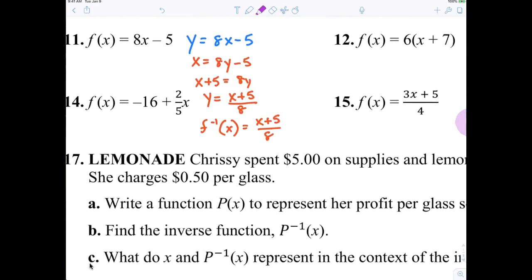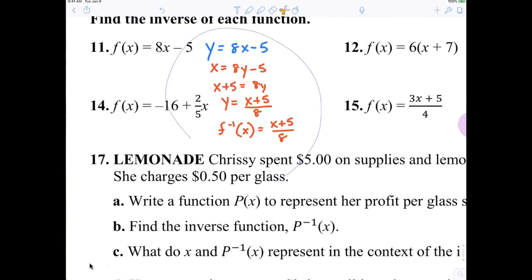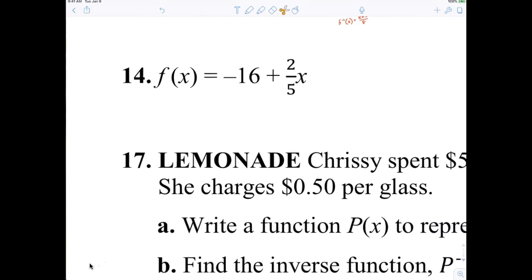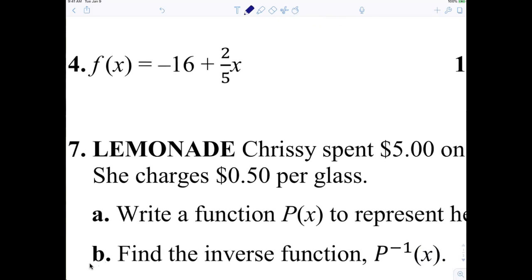So let's do 14. So here we go. x equals negative 16 plus 2/5 y. x plus 16 equals 2/5 y.